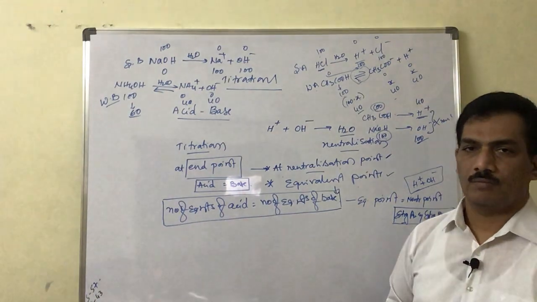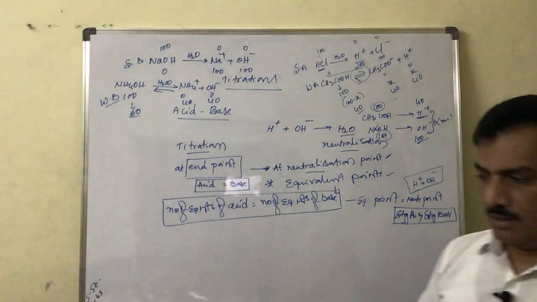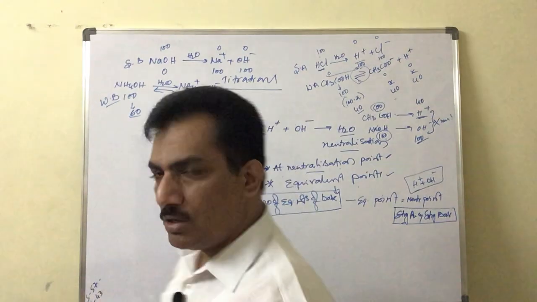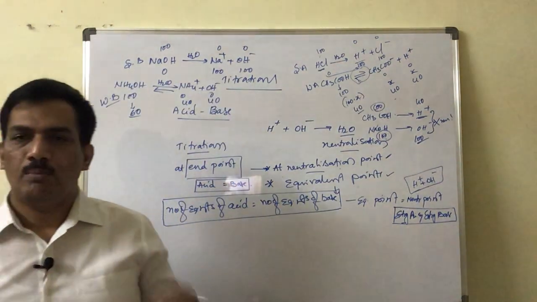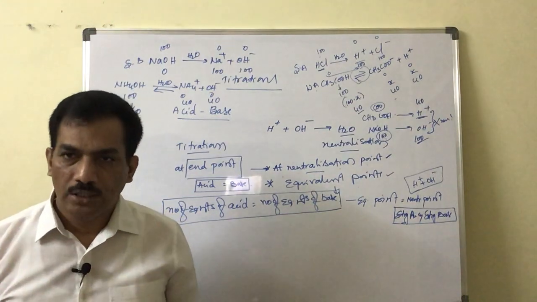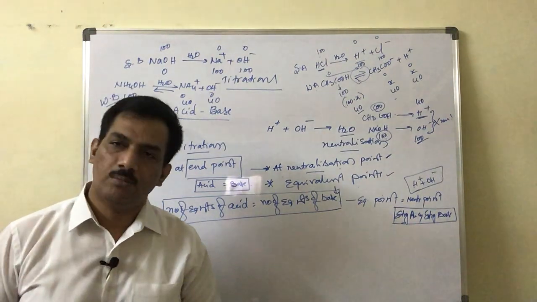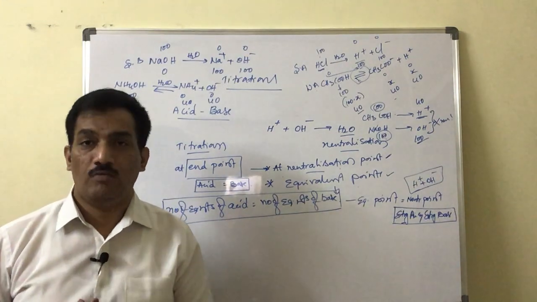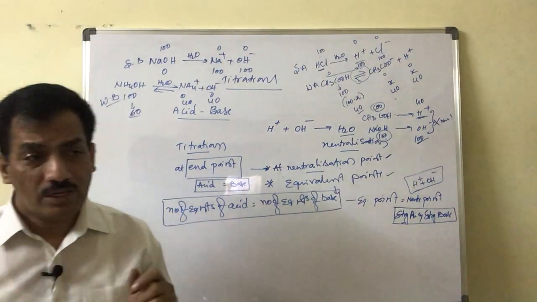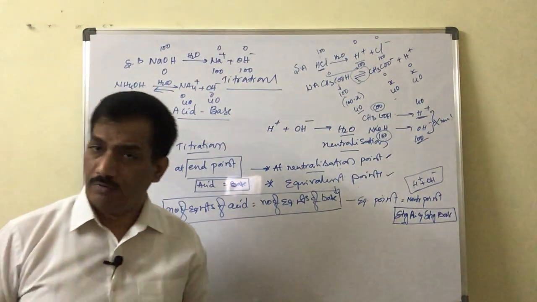Just keep in mind, in the case of strong acids and strong bases, the number of equivalent weights of acid is equal to the number of equivalent weights of base at the end point, and that itself is the neutralization point. But when a weak acid or weak base is involved, the number of equivalent weights of acid is equal to the number of equivalent weights of base.